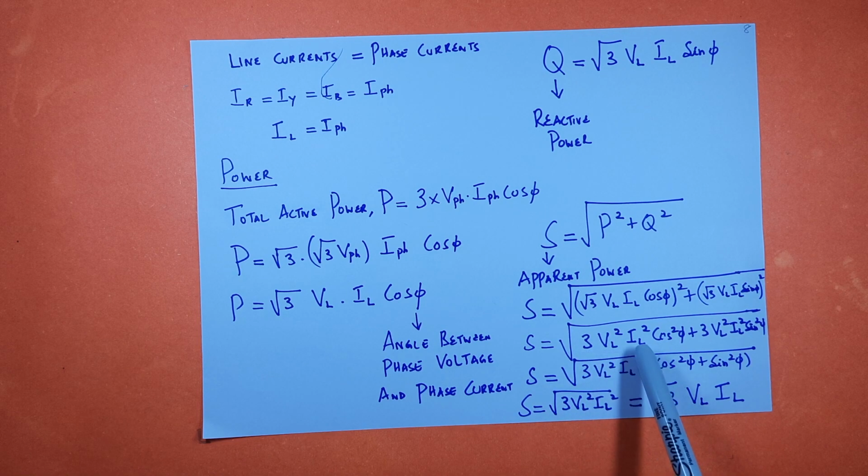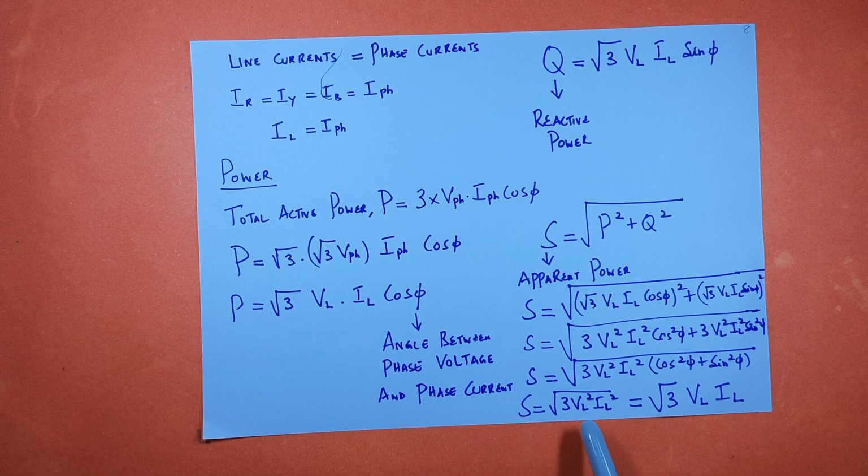Take 3 VL square IL square outside: S equal to square root of 3 VL square IL square into cos square phi plus sin square phi. Cos square phi plus sin square phi is nothing but 1, right? So S equal to square root of 3 VL square IL square. Taking the square root, you get root 3 VL IL. So apparent power is equal to root 3 VL IL.